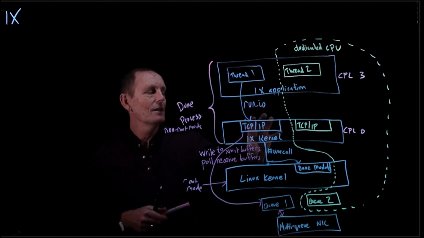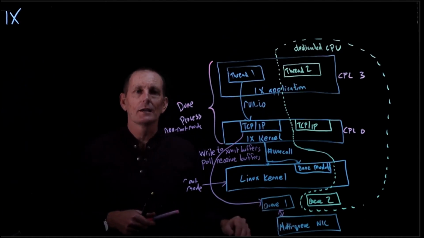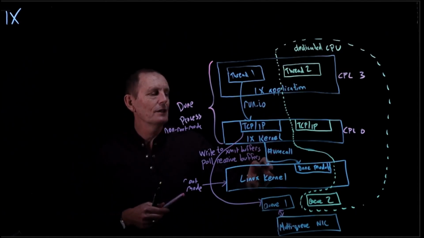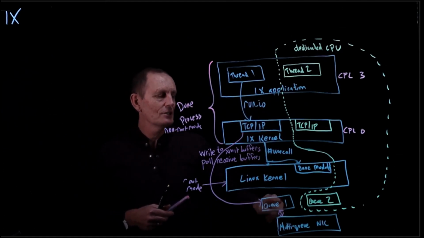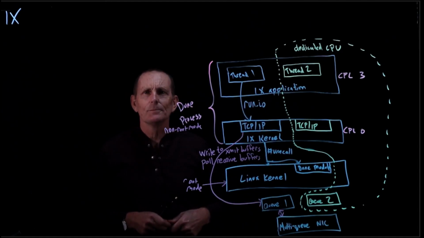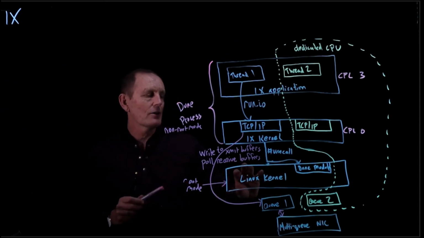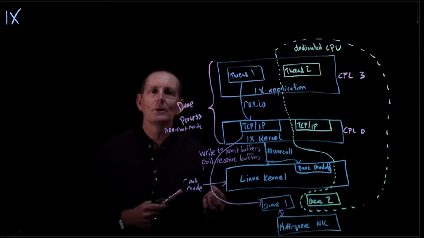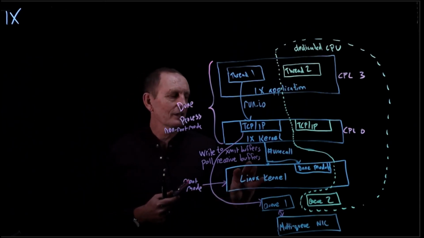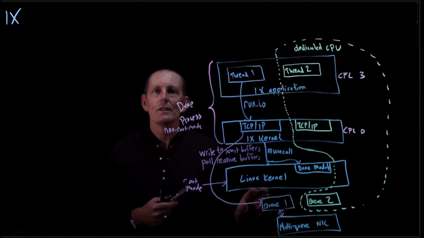Because normally the processes don't have access to the raw NIC. But here, the Linux kernel is privileging the IX process to be able to access these queues. Once that's done, Linux is involved not at all in the networking, right? It will still be involved in things like allocating memory, or if you have to read files or stuff like that, but it's totally not involved with the networking.